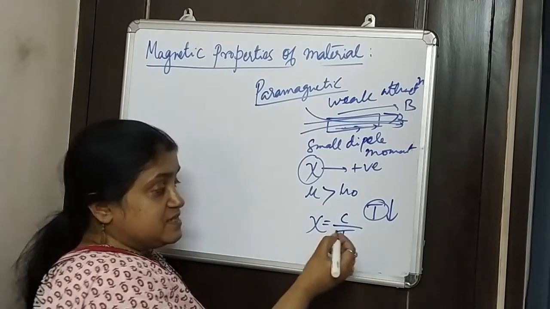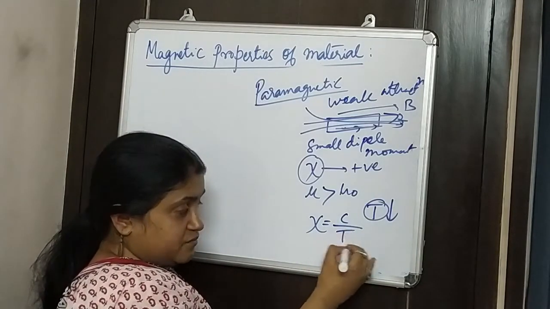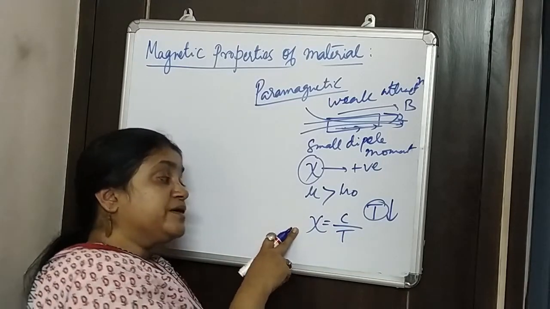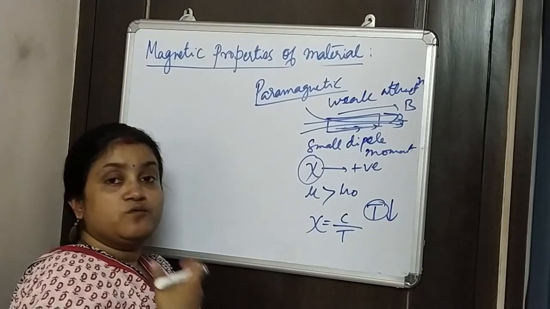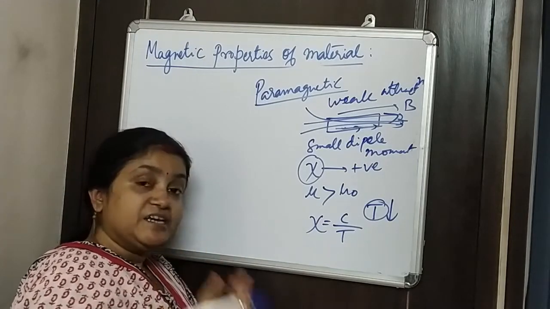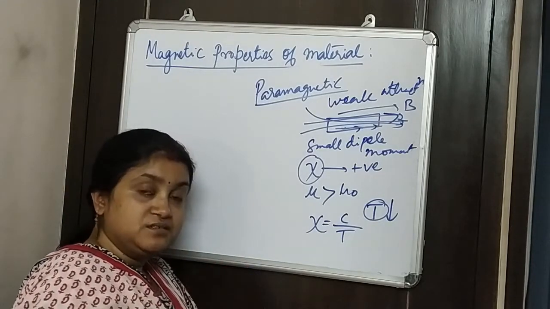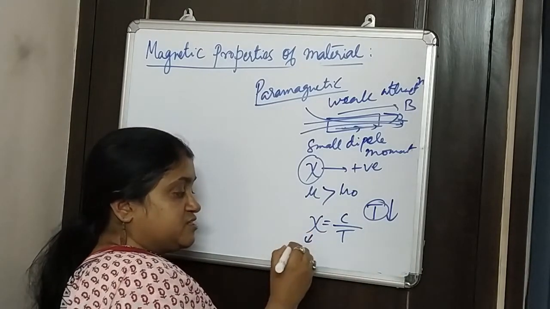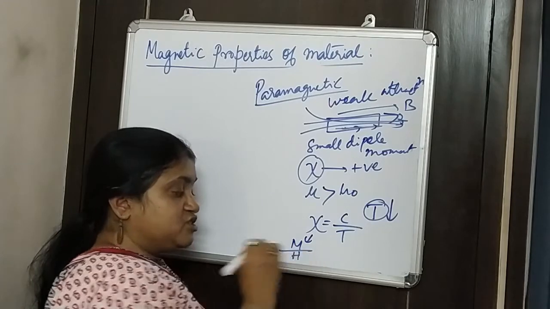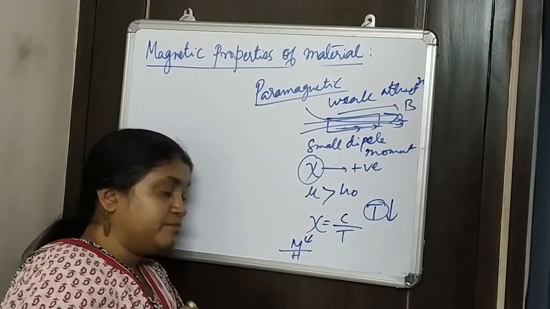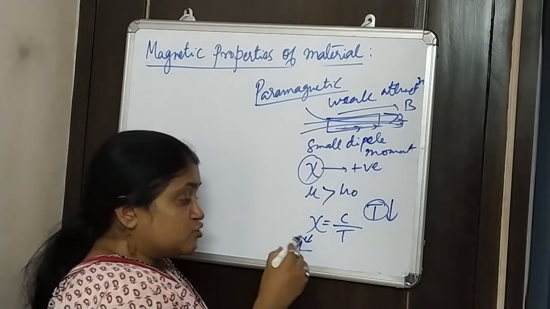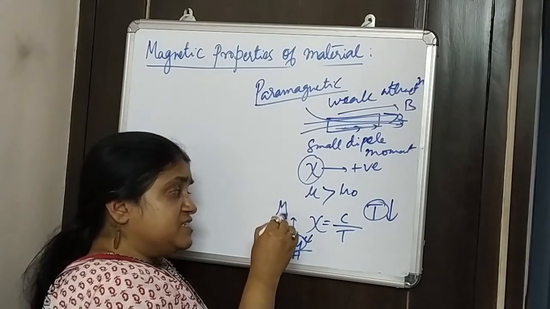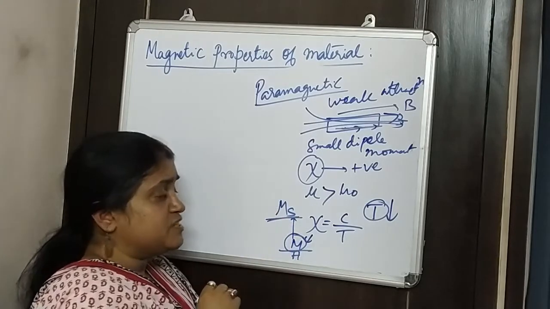So what happens is, if you reduce the absolute temperature, the susceptibility of the material would automatically increase, and it will increase to a certain degree where the magnetization, as we know, susceptibility is nothing but magnetization by the magnetic intensity. So this magnetization would reach a certain saturation point, suppose Ms.